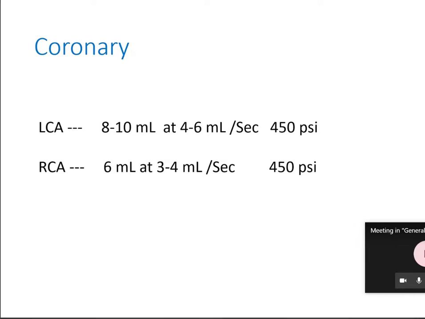For coronary, you know how to inject around 8 to 10 ml at 4 to 6 ml per second. Outside India, when you go to other cath labs, you can see that they use a mechanical device to inject into the coronaries called ACIST. The technician sets the volume and the PSI. It is usually set at 8 ml at 4 to 6 ml per second for the left coronary, and 6 ml at 3 to 4 ml per second for the right coronary.